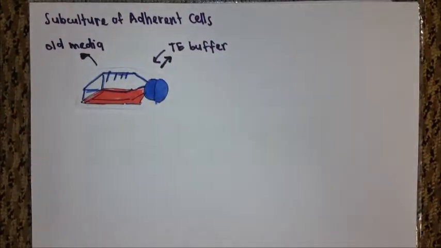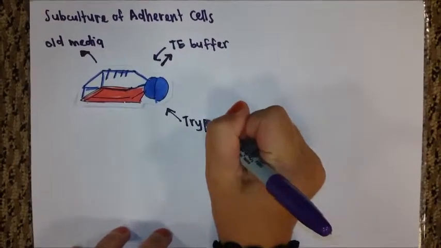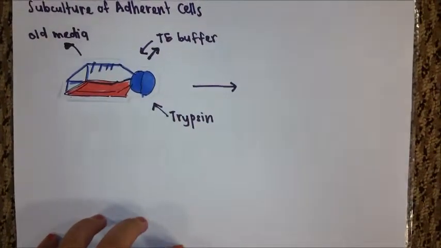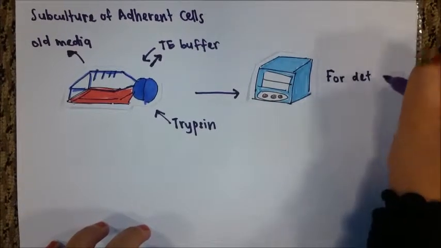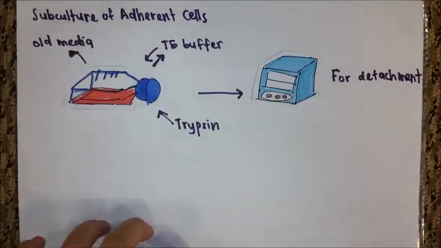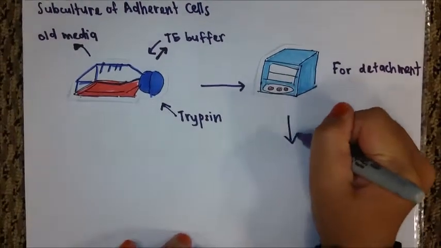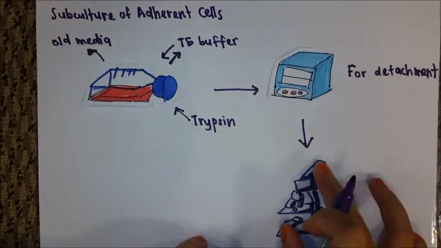Buffer washes away the traces of medium to ensure the purity of the culture. Trypsin is added to detach the adherent cells. Then, the amniocytes are incubated in order to detach cells completely. After that, the cells are checked under microscope to make sure all the cells have been detached.